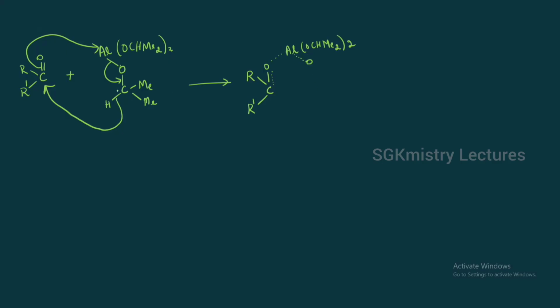Here a double bond is going to be formed on oxygen, with the two methyl groups. This bond is going to break with the hydrogen, and this hydrogen is going to attach to the carbon. This is how the bonds are broken and how the new bonds are formed. Wherever bonds are broken and new bonds are formed, I have represented them with dotted lines.